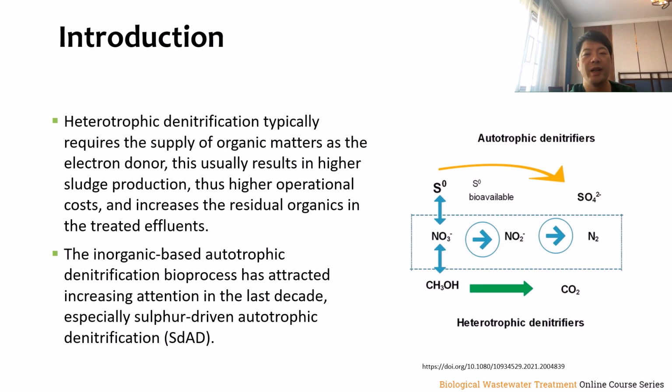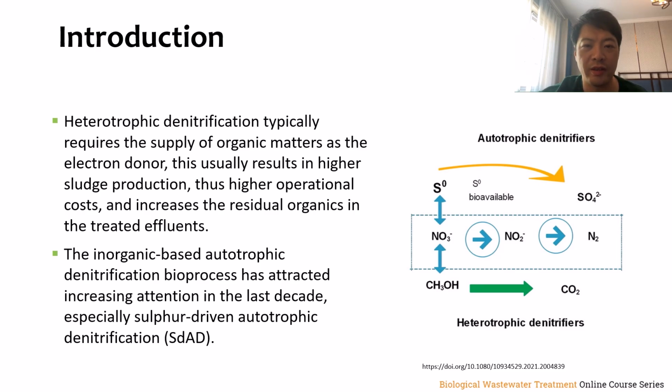Another concern is the increase in residual organics in the treated effluents. The presence of these organics can be problematic, especially as they may require further treatment steps before the effluent can be considered safe for discharge or reuse.